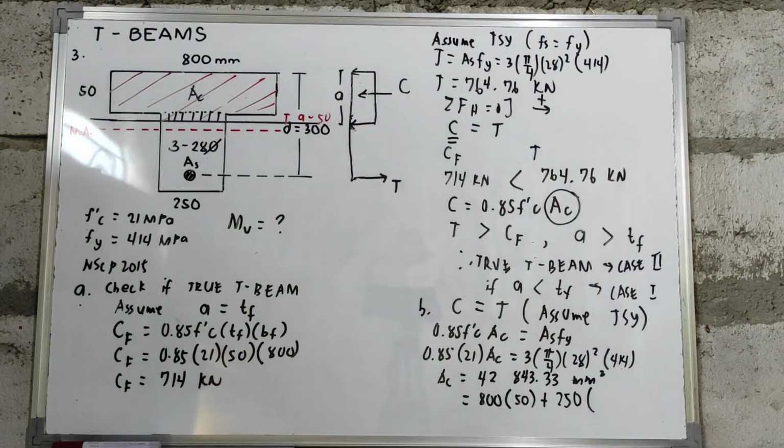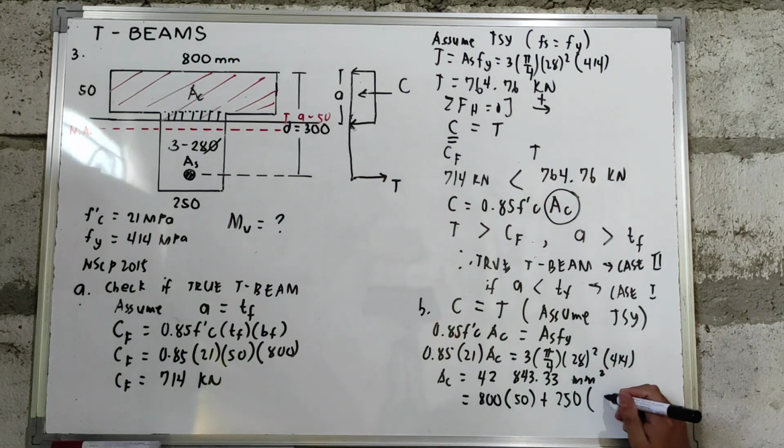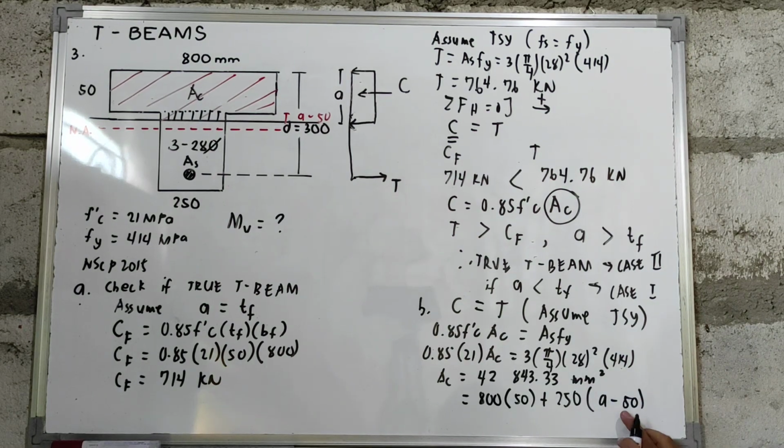So you will have A minus 50. And with that, equate lang natin yung area natin, total area na 42,843.33. You can now calculate for the value of your A by shift solve, which is equal to 61.38 mm.